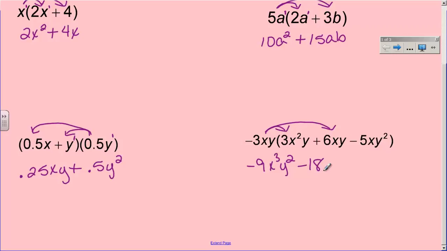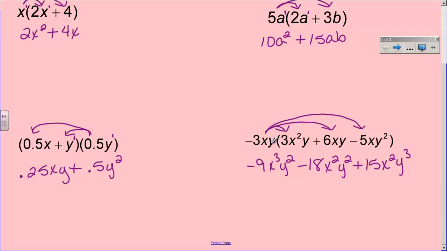And then x times x is x squared, and y times y is y squared. Now when I distribute here, negative 3 times negative 5 is a positive 15, because this minus sign and that minus sign make a plus, and then x times x is x squared, and y times y squared is y to the third. So there is that one simplified.